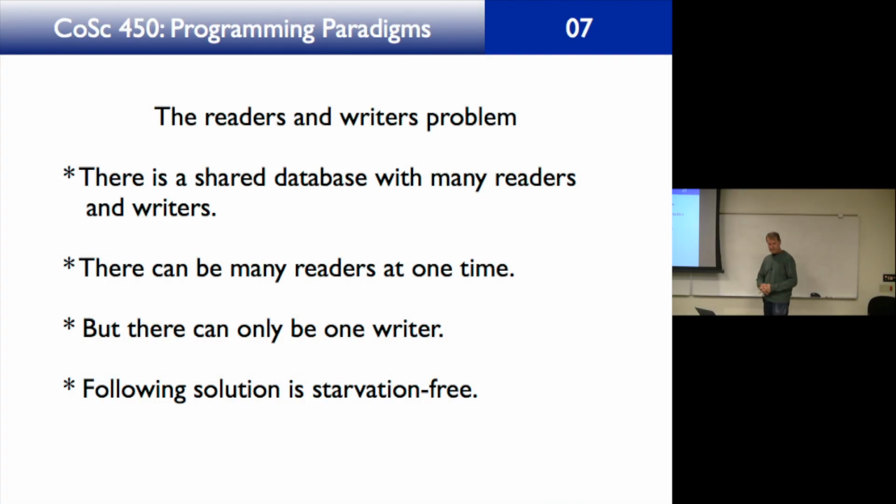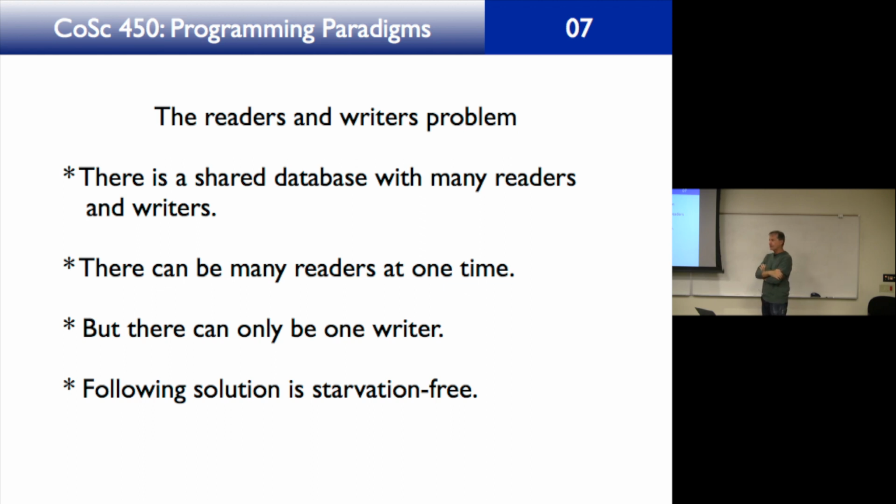Now, let's think about another classic problem. There are several really classic problems in concurrency. One of them is the bounded buffer, producer-consumer problem. That's just a classic. Everybody knows that, because it's so common.